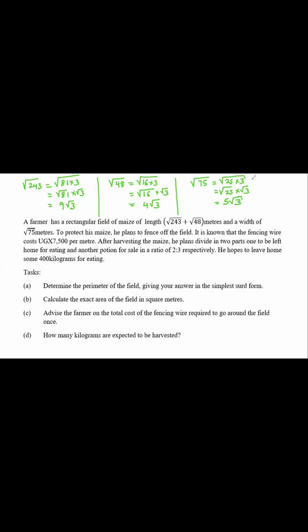Then I just added the ones for the length, which was 9 root 3 plus 4 root 3 to get 13 root 3. Then I found my perimeter to be length plus width plus length plus width.